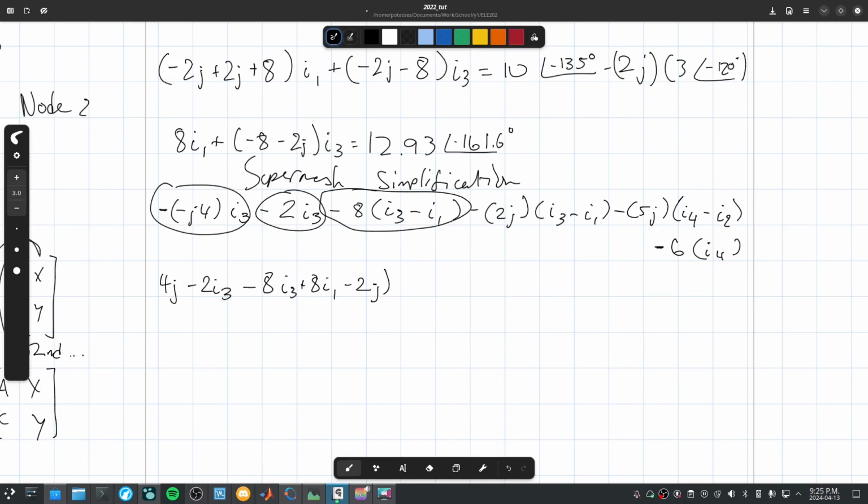Minus 2j i3 plus 2j i1 minus 5j i4 plus 5j i2 minus 6 i4 is equal to 0. Oops, I forgot to put that there, but you get the idea. That's it. There you go.